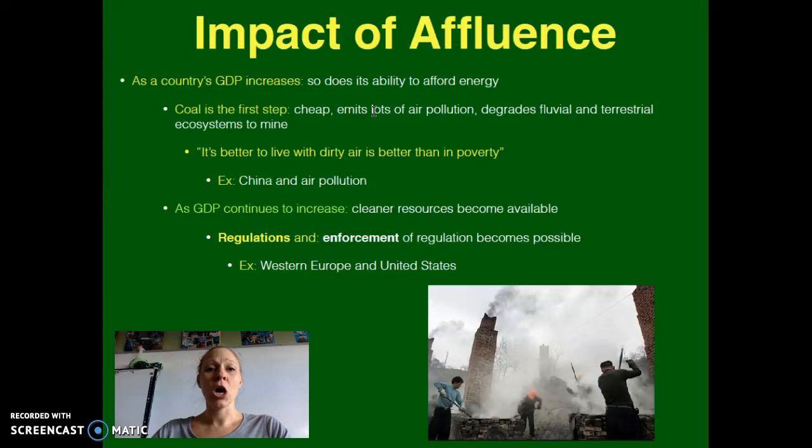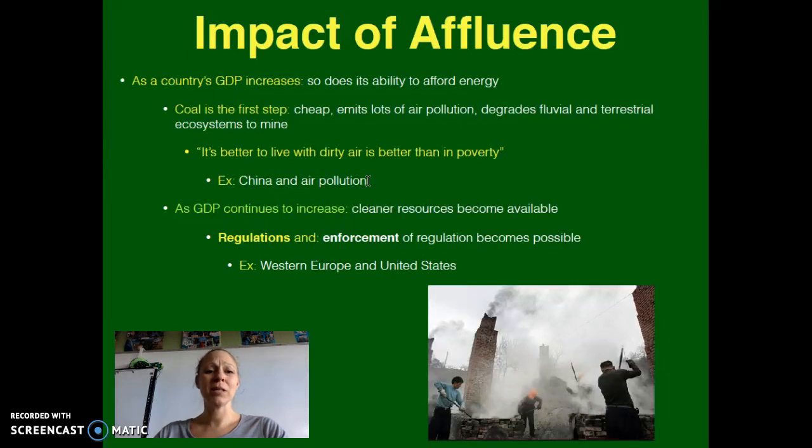So it is not the ideal energy source, but it is better to live with pollution than it is to live in poverty. And so if we remember the video from the last module, China's air pollution is exceptionally poor, and so that is one reason why they are working on increasing the amount of sustainable energy.